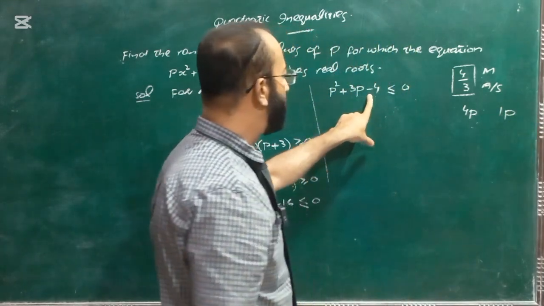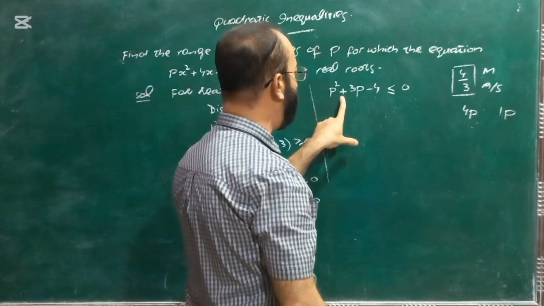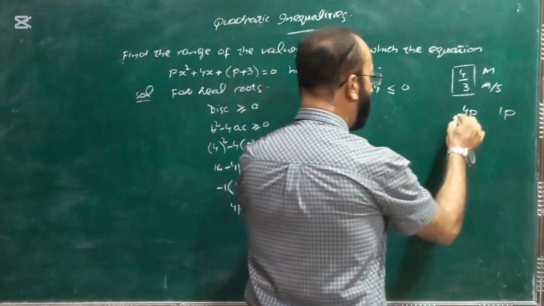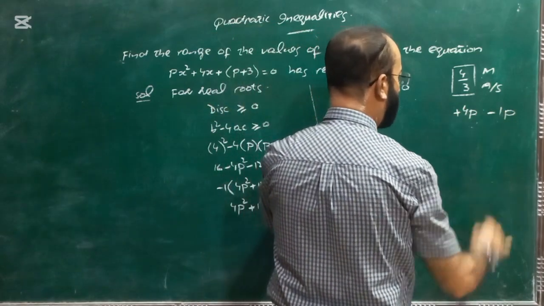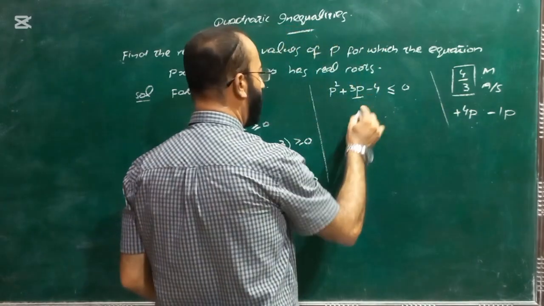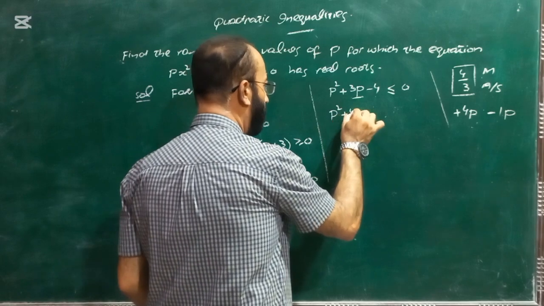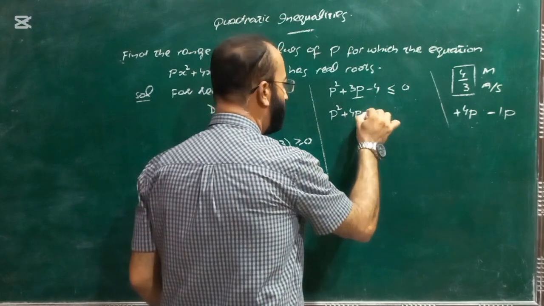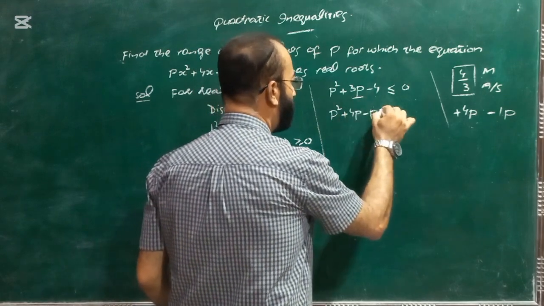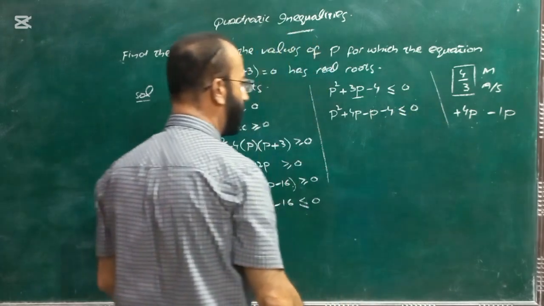The last sign is telling us that both values will have opposite signs, and the previous sign is telling us that the greater will have positive and the lesser will have negative. So now put this pair in place of the central value. So p square plus 4p minus p and minus 4 lesser than or equal to 0 as it is.